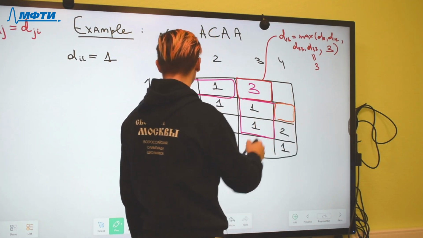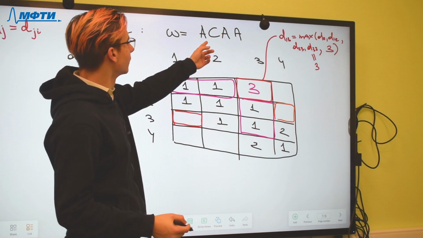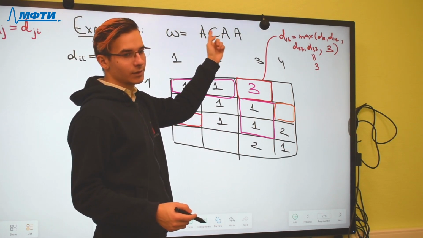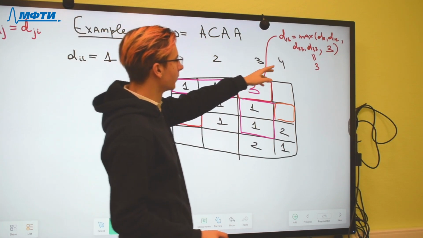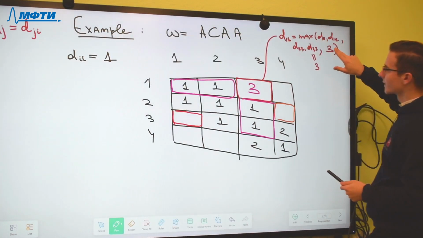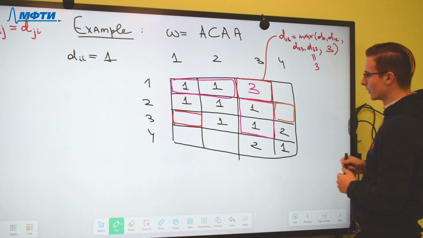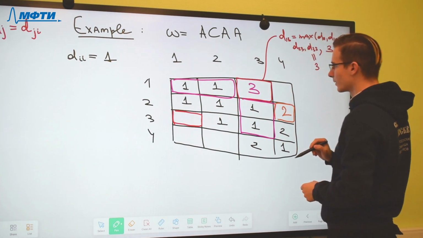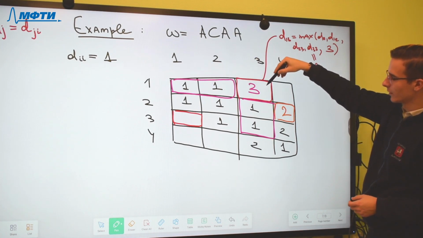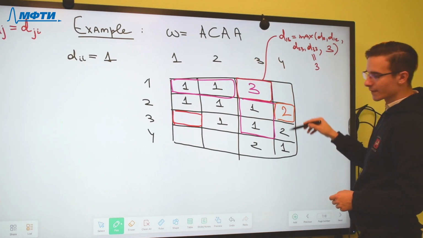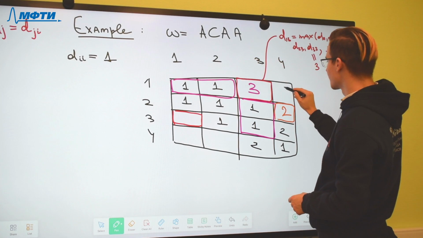And we see that 2 and 4, C and A, they are not equal. So I cannot add this number here. So I add 2 here. And then I find the maximum of this part of the matrix, and it is equal to 3.